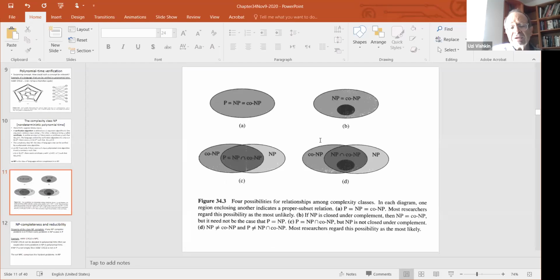And in fact, what you have here, and I'm not sure I need to go into much detail, because at this point, I have just thrown at you a huge number of definitions, and I probably confused you more than anything else. But you see here the various possible relationships between P, NP, and co-NP. One possibility is that they are all equal.